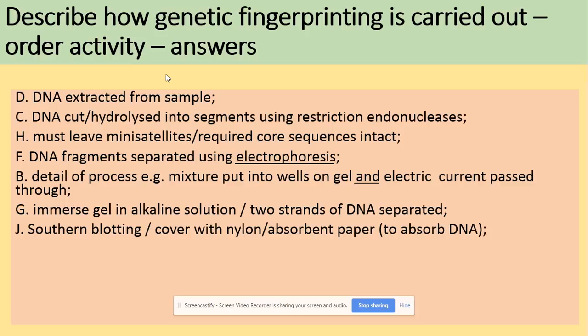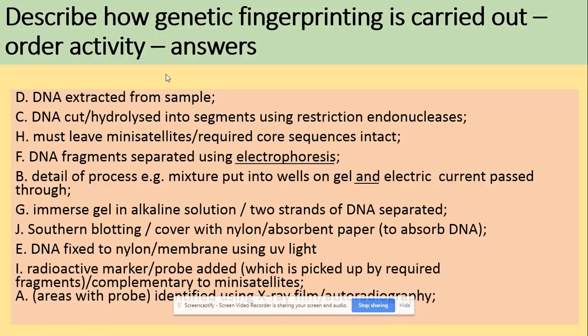Cover with a nylon membrane, because we remember a nylon membrane was used. DNA is fixed to the nylon membrane using, for example, UV light. And a radioactive marker or probe would be applied, and this will be identified under the X-ray film by the bands present. So that's everything for genetic fingerprinting.